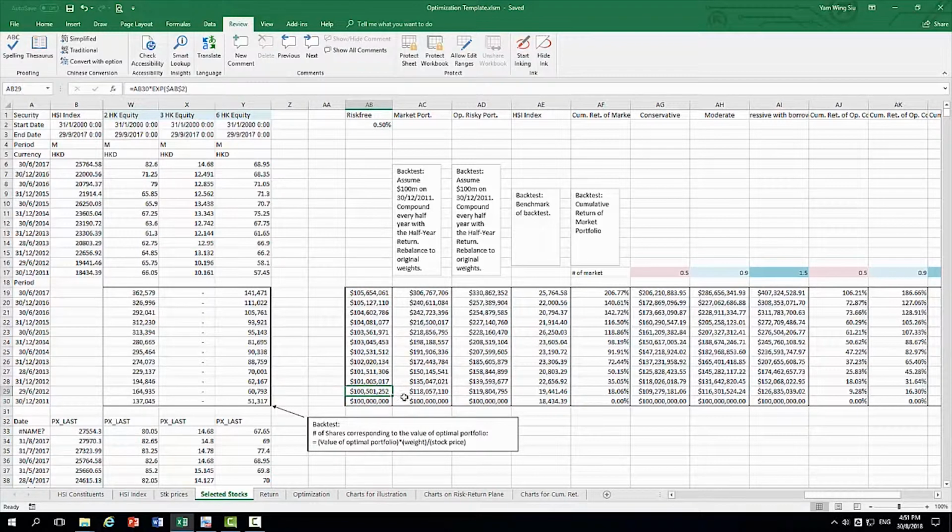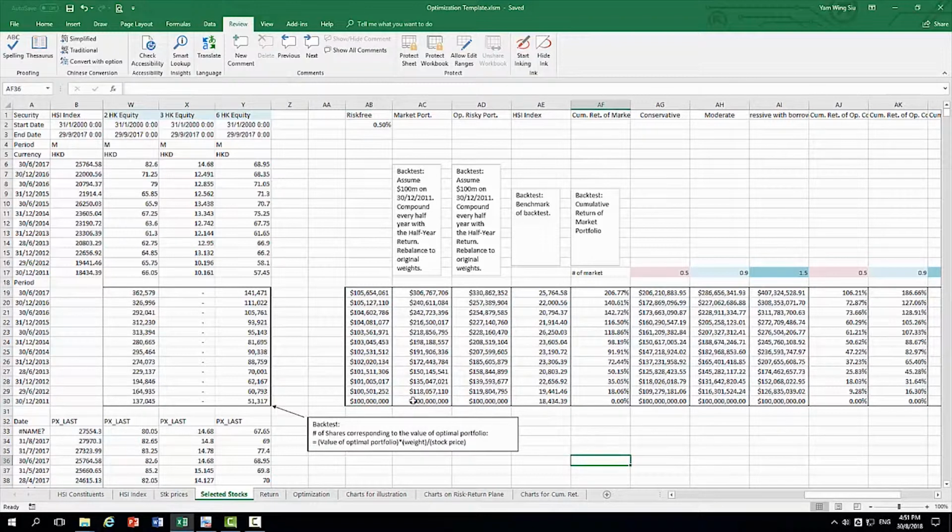So if we calculate the growth of the portfolio with a risk-free rate of 0.5% per half year, this is the log return. We can calculate the value of the portfolio if the money is invested in a risk-free rate.